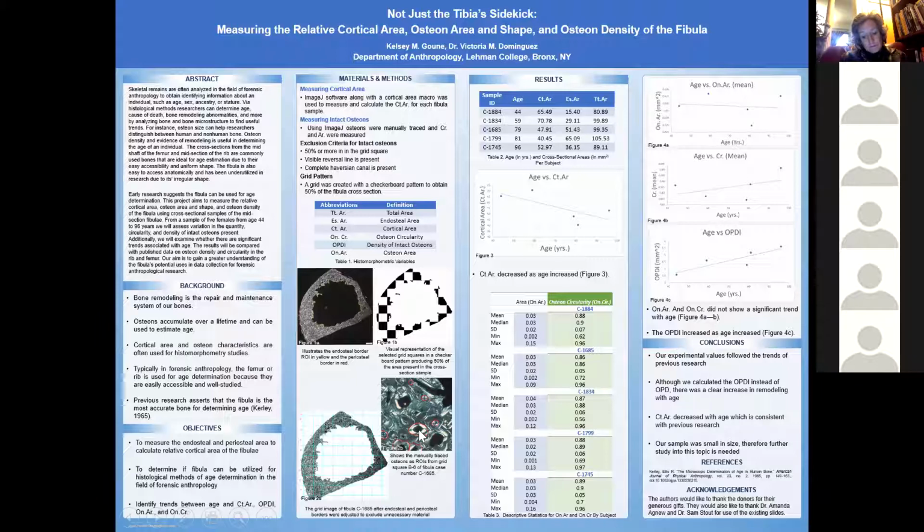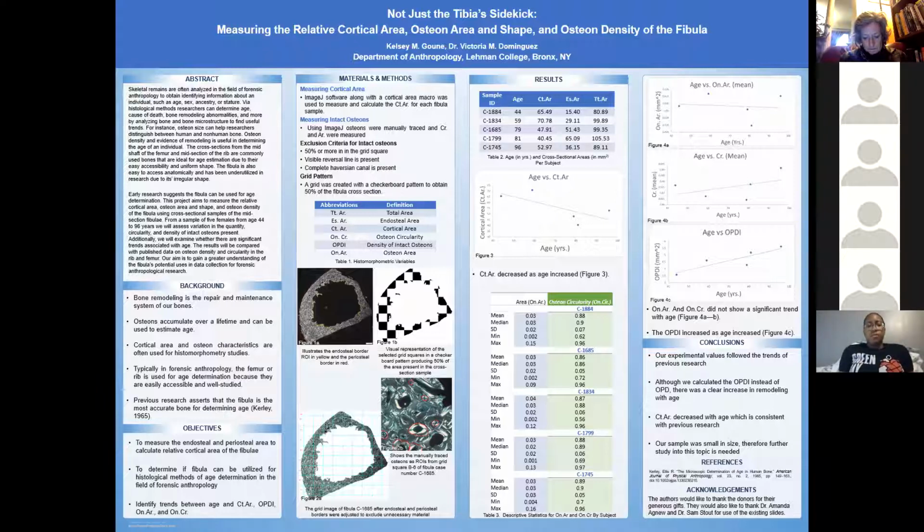Oftentimes in this field, the femur or the rib is used, because it's very well researched and because it's also very accessible anatomically. If you think about the femur, for example, I guess I should just call it the thigh bone for those of us that aren't bone histologists. And then the rib, of course, is in your rib cage area.